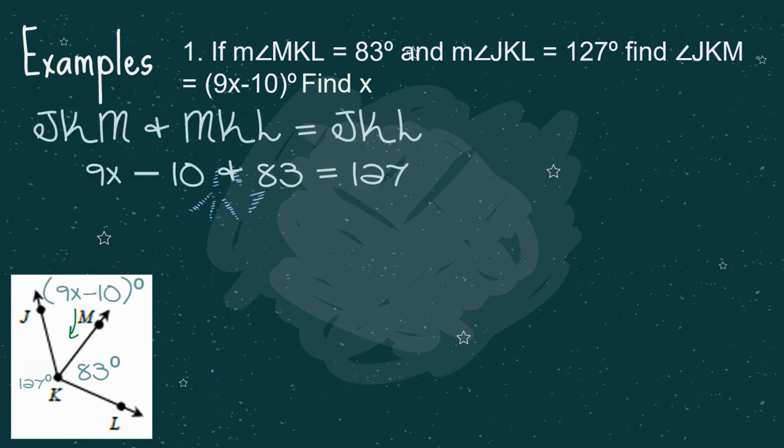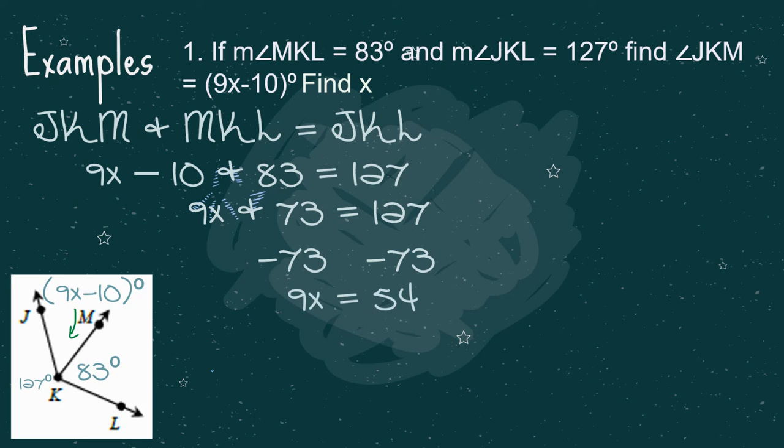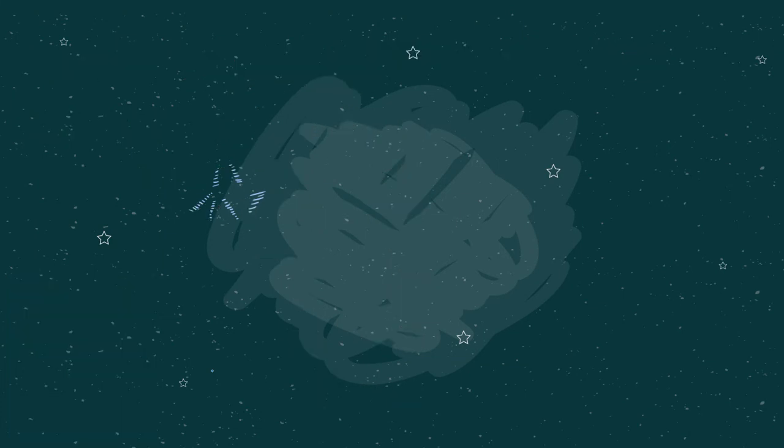We know 9x minus 10 plus our 83 equals the total of 127. And we can solve for x: combine like terms, start to get x by itself, continue to get x by itself. x is 6. So this time our question just asked us to solve for x, so that is all we need to do.